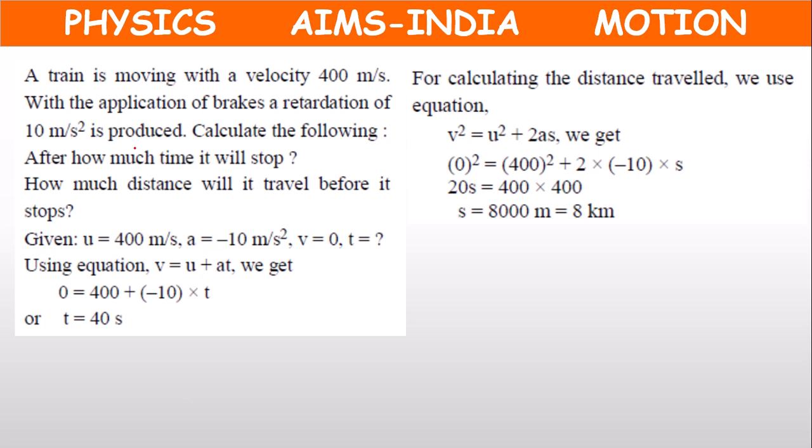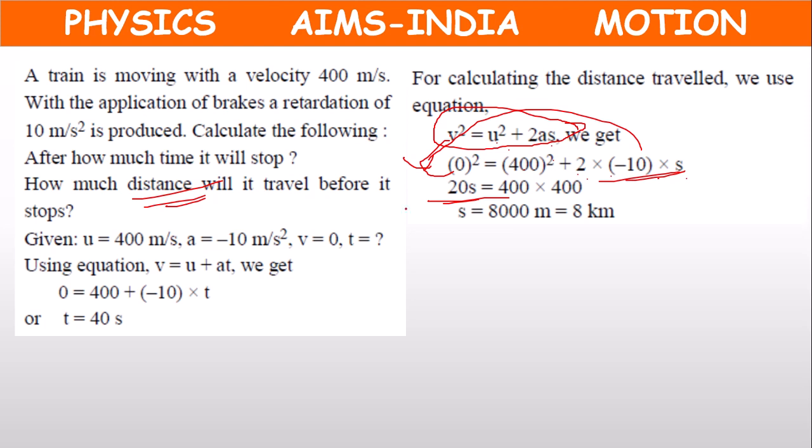So now we have to calculate distance. For that we have the formula V square equal to U square plus 2AS. V is 0, U is 400 whole square, plus 2 into minus 10 into S. 2 into minus 10 will become minus 20S. It will come to the right hand side and become plus 20S.